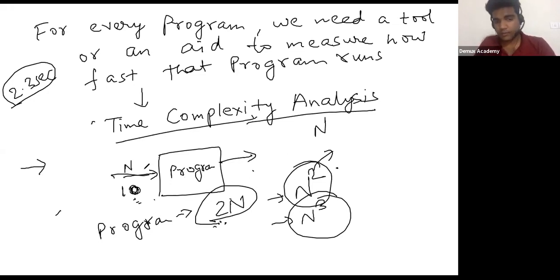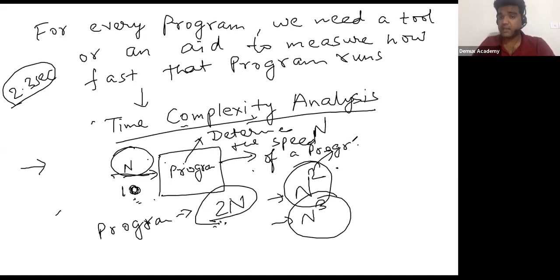So we want this analysis to be done based on the size of the input, because that will determine the speed of a program, right? If you have smaller inputs, your program will run faster. If you have larger inputs, your program will run slower, right? So you want your programs to be analyzed in terms of the size of the input.